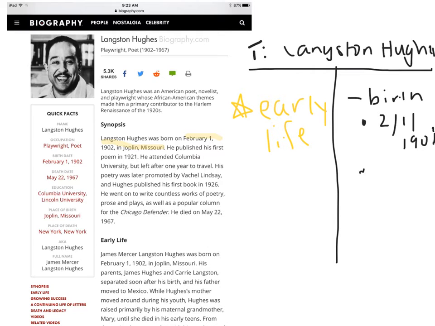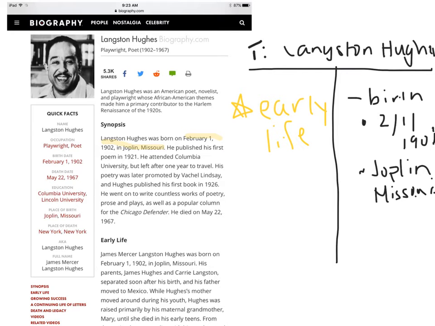Actually, I'm going to put where he was born, Joplin, Missouri. Remember, when you're writing these, make sure you write so that you can read your notes later.